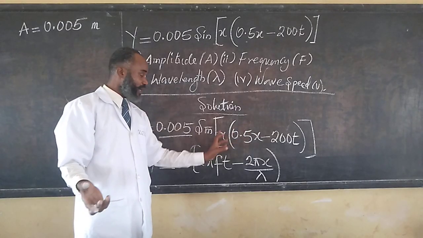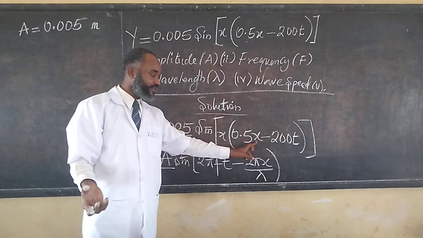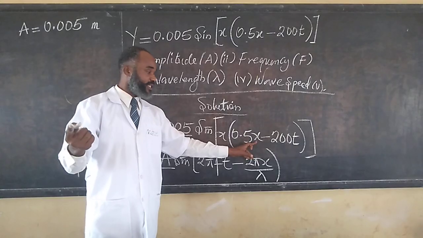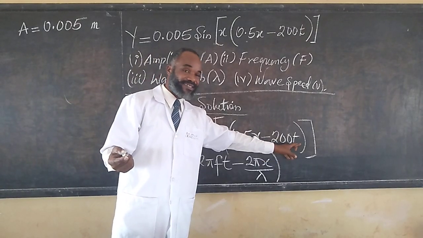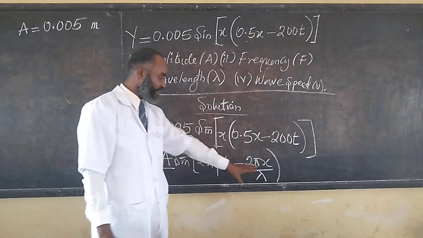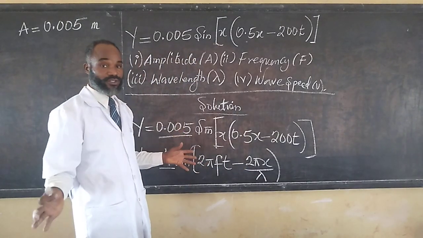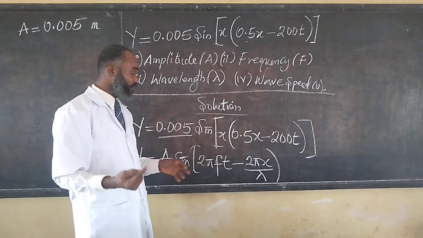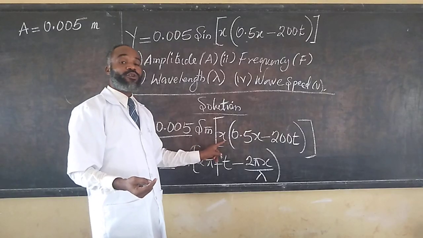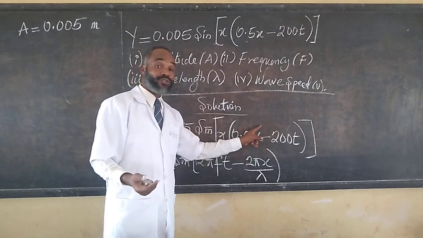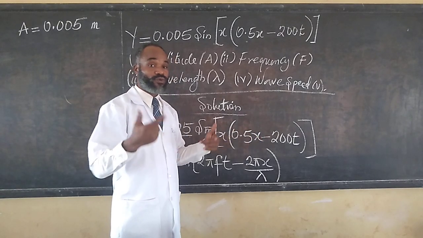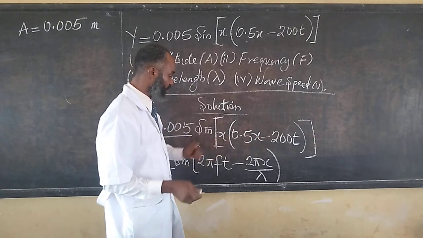By the time you multiply x times this, it becomes x squared, and x times this becomes minus 200tx. We don't have that in our general equation, so it's completely odd. Secondly, it's going to turn this equation into a quadratic equation with x squared, and that will make us run into problems. So we don't have something like that.